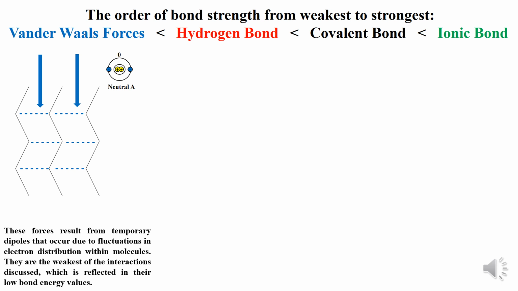But due to momentary or temporary fluctuation of electrons in the atom, you will find that there is uneven distribution of electrons. And this leads to clustering of electrons towards one side of the atom, leading to development of a dipole.